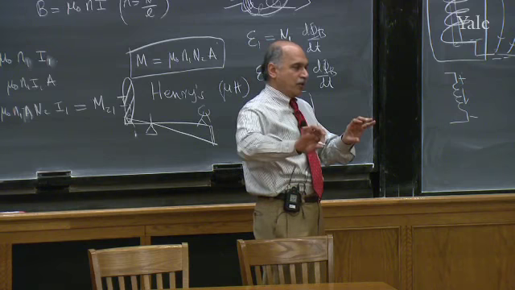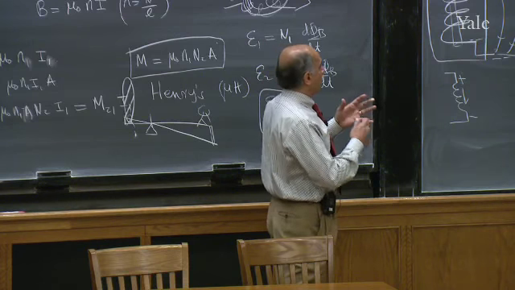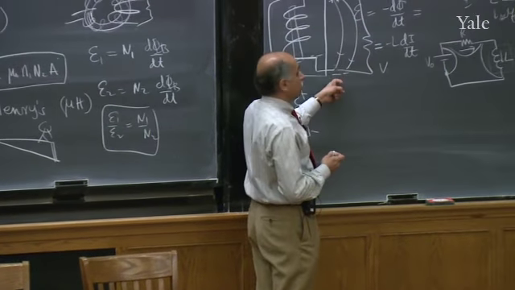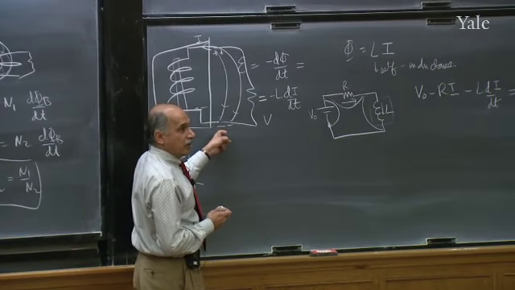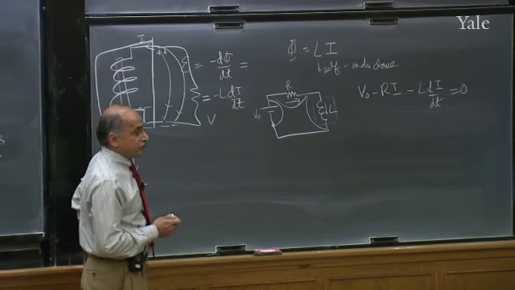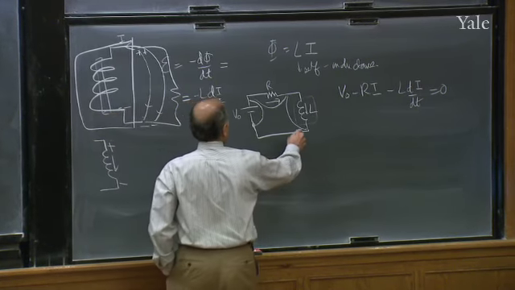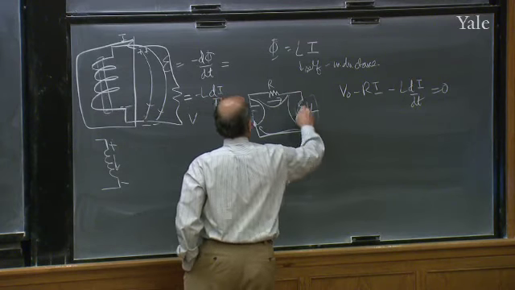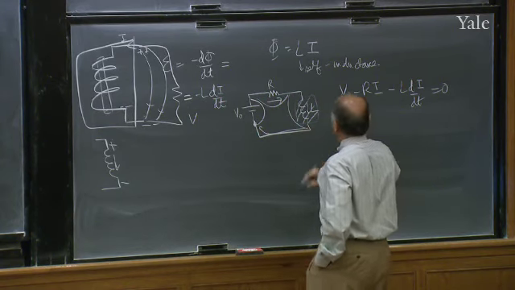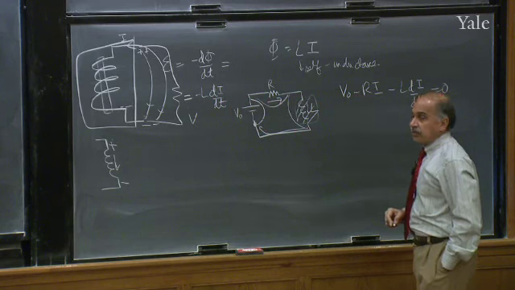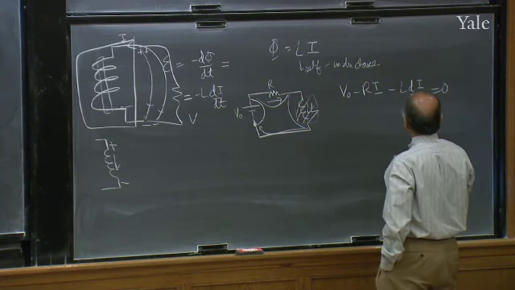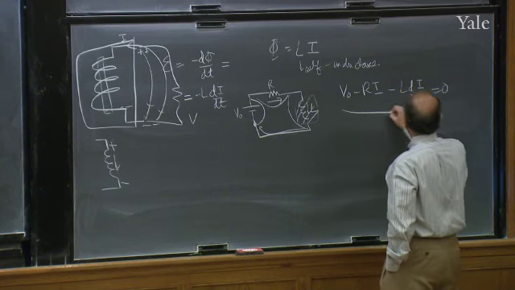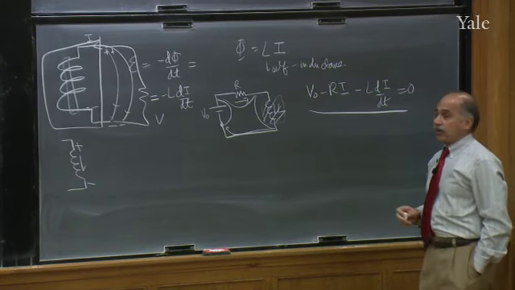But if you come outside the coil, I've tried to show you over and over again, all it looks like is there is a voltage difference between the two plates, the two terminals, and that value is L di/dt. So when you do your circuit equation, you go from there all the way back here, you skip these funny elements, and around them, you still have the notion of a voltage. So this is the equation to solve at any time for an LR circuit.